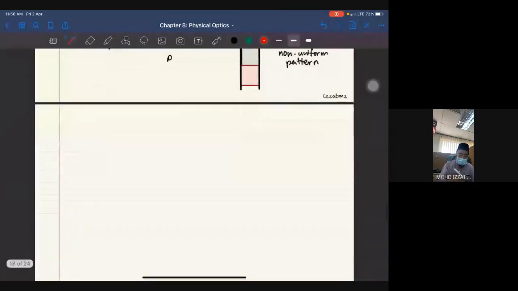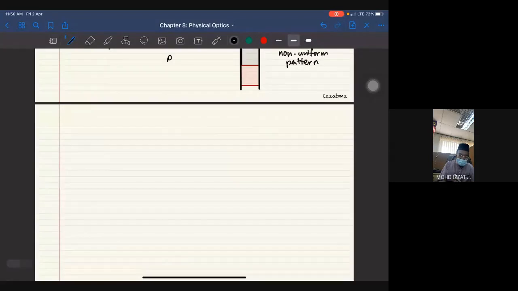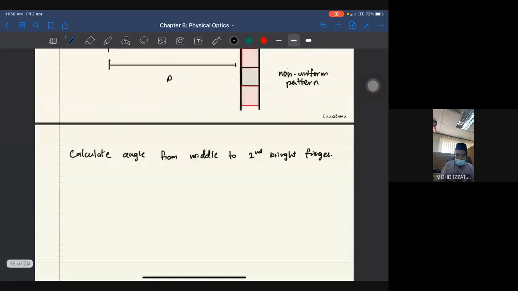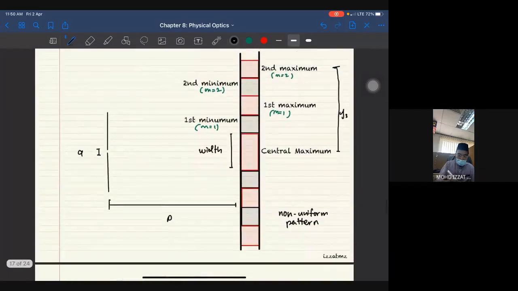Okay, contoh apa yang saya cakap ni, katakanlah soalan kata calculate angle from center maximum to second bright fringe. Okay, so you know you need to use bright punya fringe, bright punya equation ataupun constructive. So let's say they produce this kind of pattern.